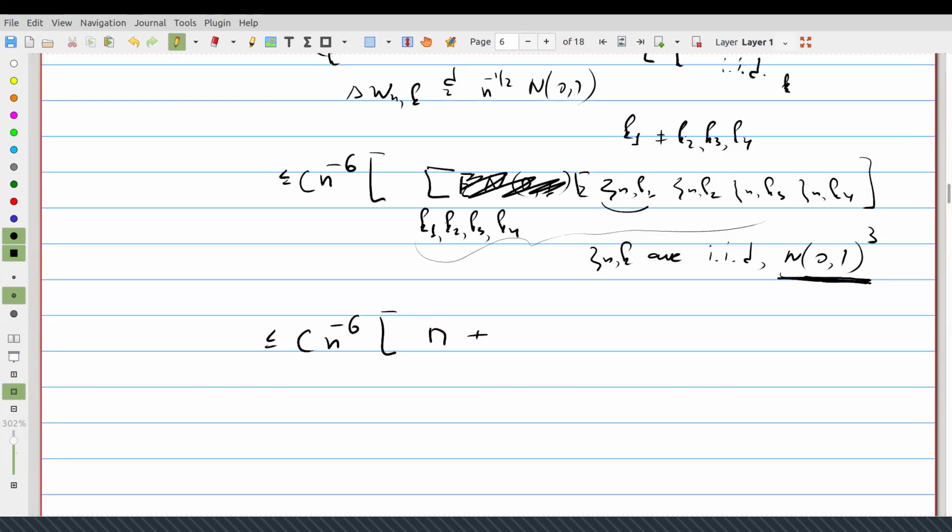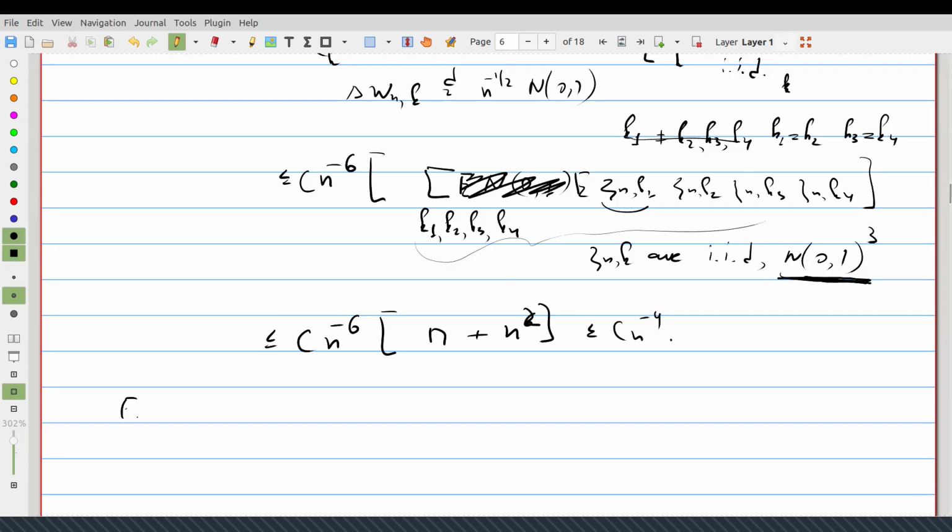So we need to get here a situation where we have either two pairs or all equal. But regardless of that, we get none greater than this amount of terms, so it's less than n to the power fourth.